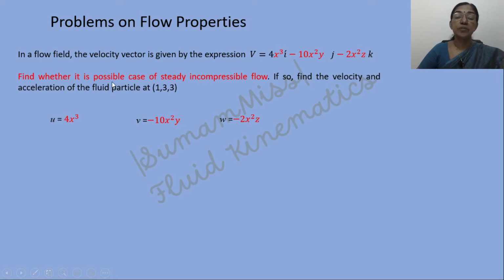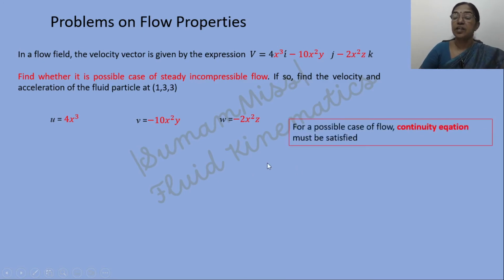In order to check the possibility of steady incompressible flow, the continuity equation must be satisfied. For a three-dimensional flow of incompressible fluid, the continuity equation is ∂u/∂x plus ∂v/∂y plus ∂w/∂z equal to 0. Differentiating the velocity components in the x, y, z directions, ∂u/∂x equals 12x², whereas ∂u/∂y and ∂u/∂z equal 0.